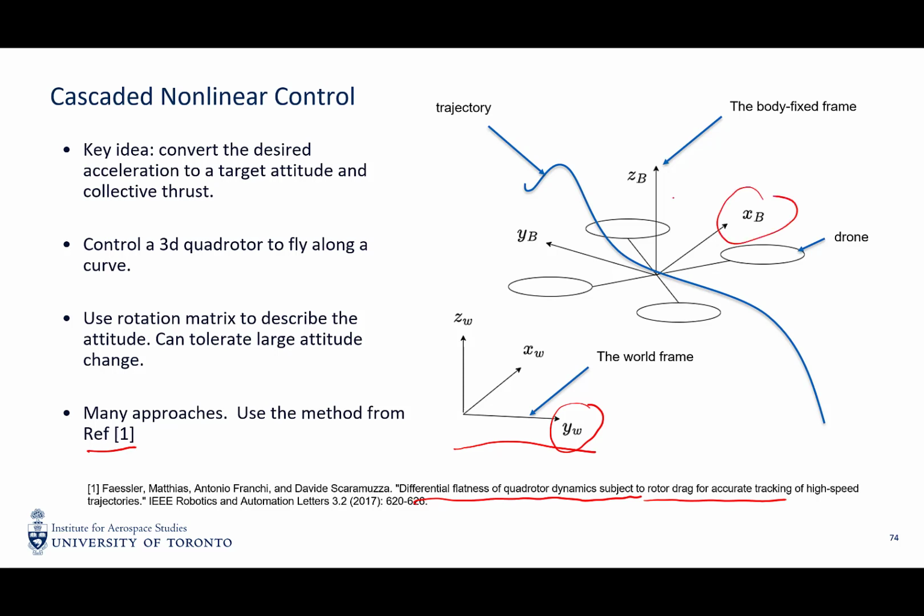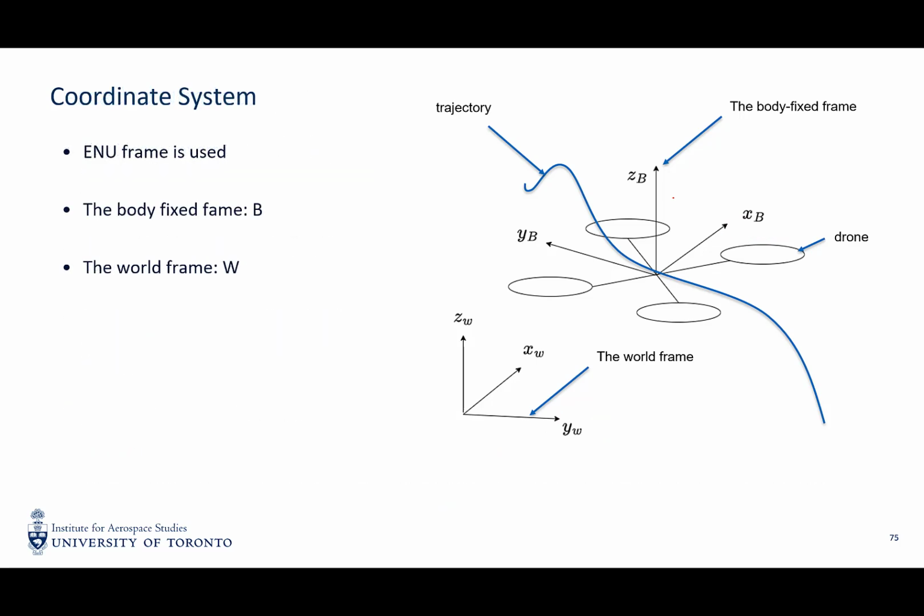The body fixed frame is XB, YB, and ZB. In this paper, he used the ENU frame, so the Z vector is pointing upwards. The body fixed frame is denoted as B. The world frame, which is also the inertial frame, is denoted as W. Now we want to design a U such that the quadrotor will fly along this given path.